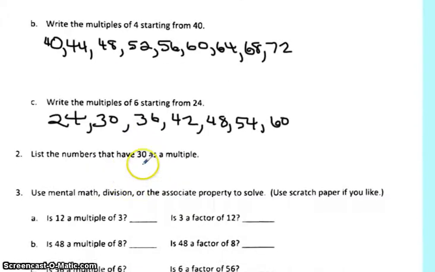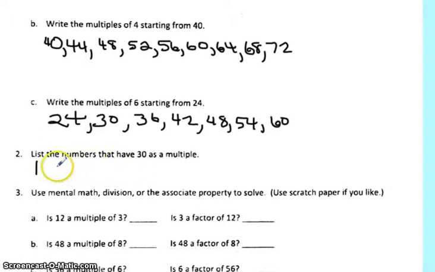Okay, list the numbers that have 30 as a multiple. Basically we're trying to see all those numbers we skip count by that have 30 as a multiple. Well, can I skip count by 1 and land on 30? So 30 is a multiple of 1.